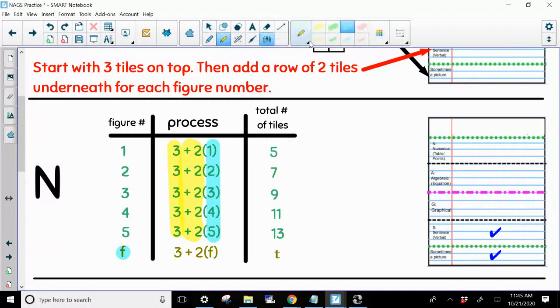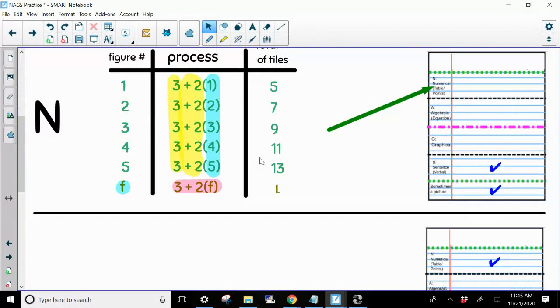All of this is going to go in the top part of your NAGS, under the N, numerical, where you have your table slash points. So we'll keep that there and then we'll scroll down.